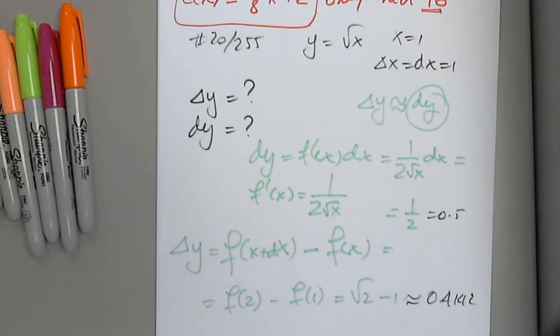This is delta y, f of x plus dx minus f of x. That's the exact change, from last time. And here, this is the differential. So in our example, this will be 0.5, and this will be 0.41. Better? Perfect.